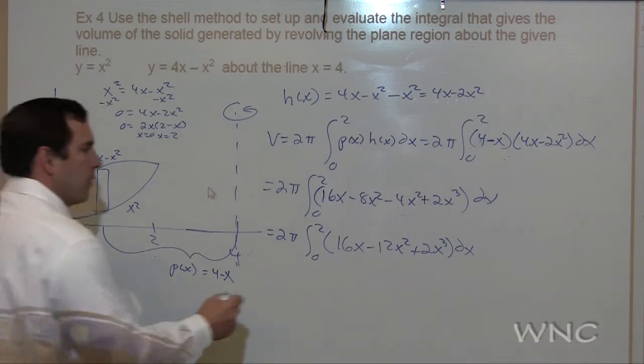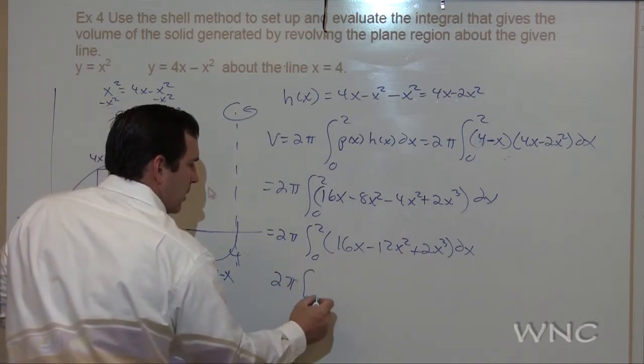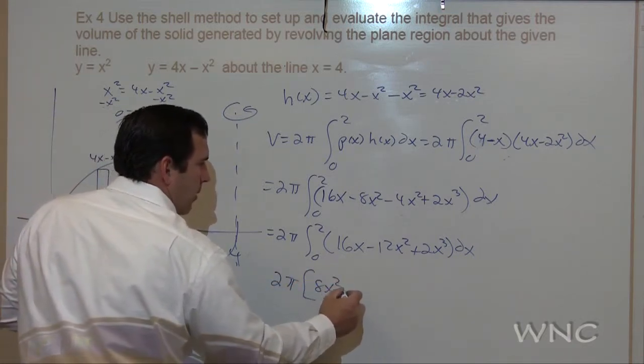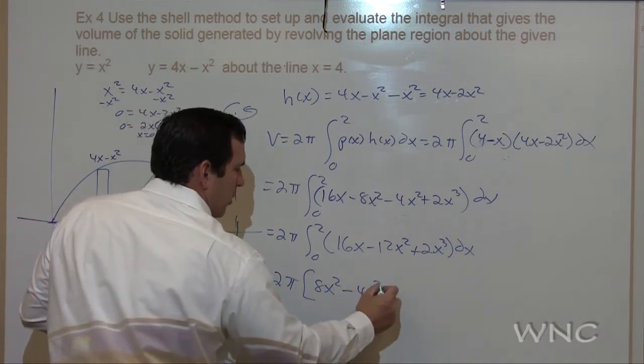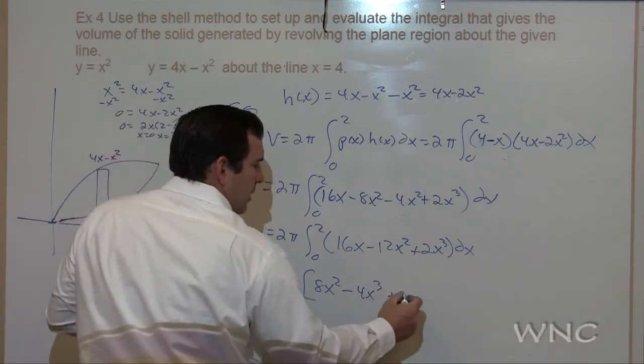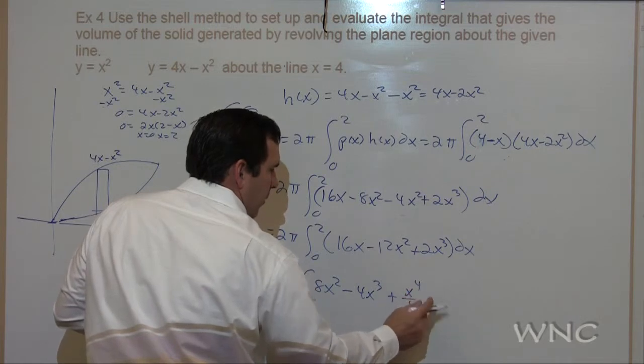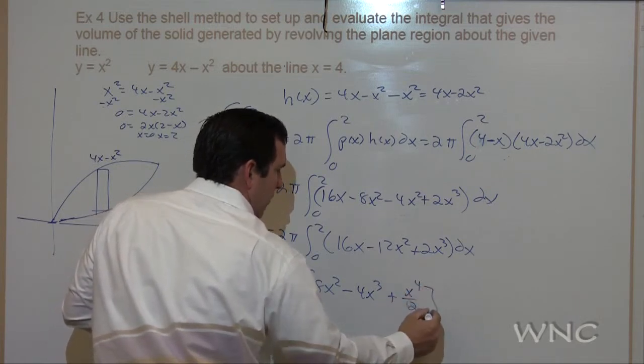That's just a polynomial. 2 pi times 8x squared minus 4x cubed plus x to the fourth over 2 from 0 to 2.